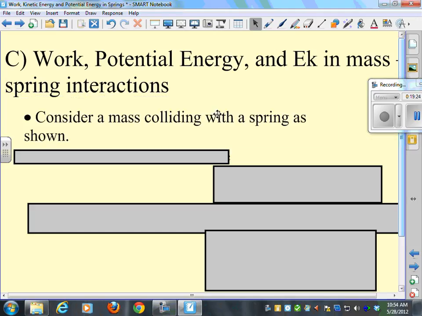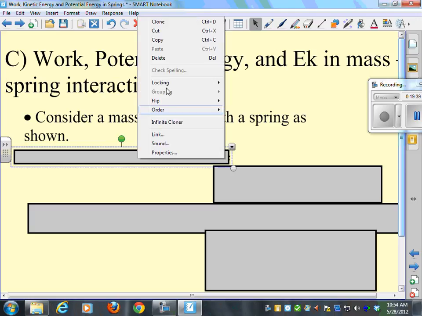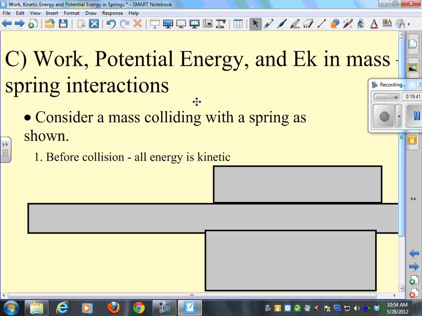All right, so think about a mass colliding with a spring, like a bumper car or pogo stick. Before the collision, would not all of the energy be kinetic? Right? You're driving along in your bumper car, or your pogo stick.